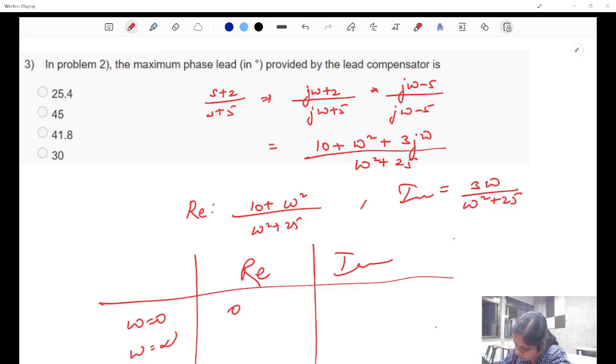Thank you, ma'am. Actually we'll get this answer only, because if I made a mistake here, I also made a mistake here, so eventually the minus sign cancels out. But writing this is not correct. It should be 5 minus jω and 5 minus jω, and you'll get this only.